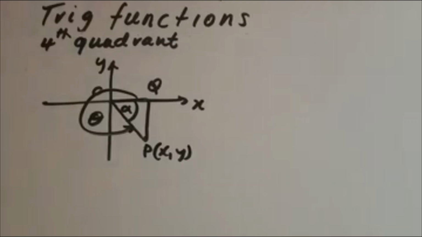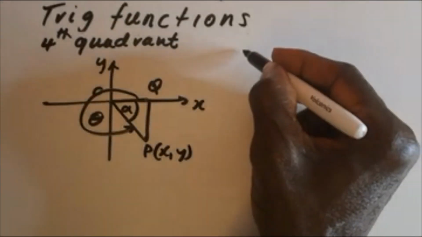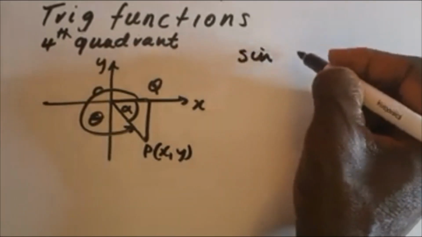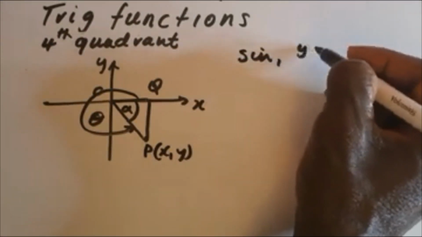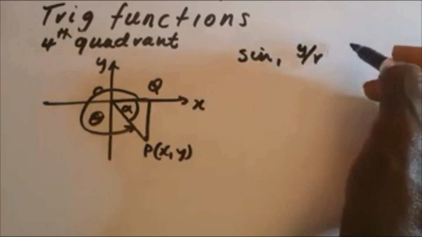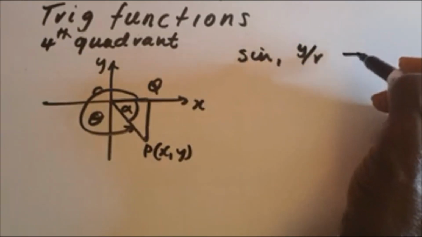So here lastly we're going to look at the fourth quadrant. What we have is the sine ratio be y over r, the vector r, which is OP, and be negative.